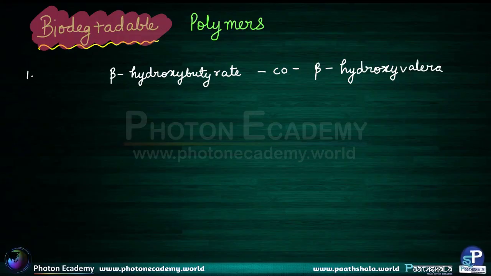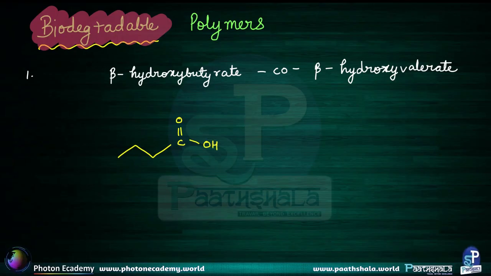Now let us draw the two monomers. So beta hydroxy butyrate looks something like this. We have four carbons, and at the beta position, which is this position, we have an OH group attached, that is the hydroxy group.